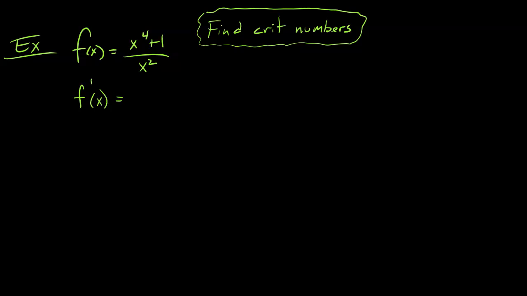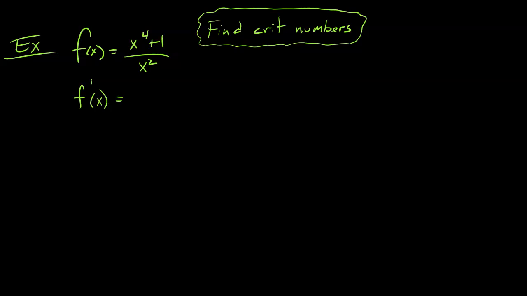So the way it's currently written, we'd have to use the quotient rule. If you wanted to rewrite the equation, you could write it as x to the fourth plus 1 times x to the negative 2, and then you could do the product rule on that. I know I've seen some people do that over the years.